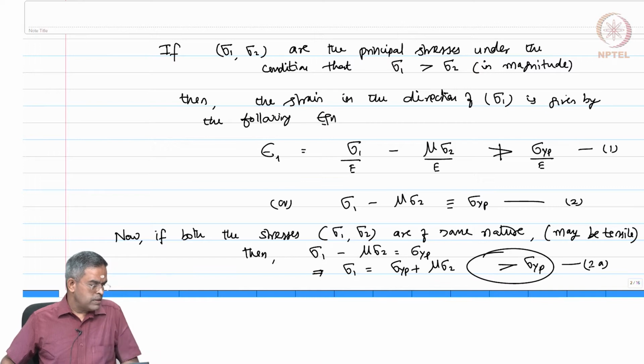So, that is a very interesting condition. Of course, this condition does not occur when sigma 1 and sigma 2 are dissimilar in nature.